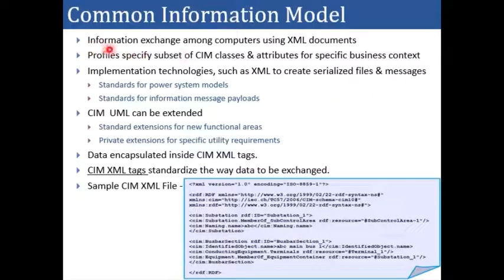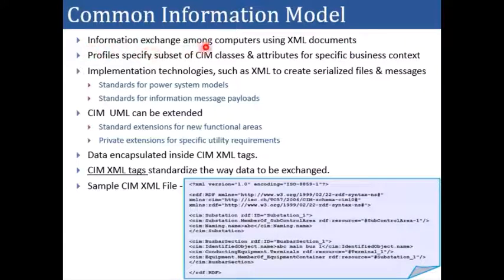Now, the common information model has information exchange among computers using XML documents. So when you create a profile and then after that you create a schema, it will be nothing but the XML template where you will fill the required data.